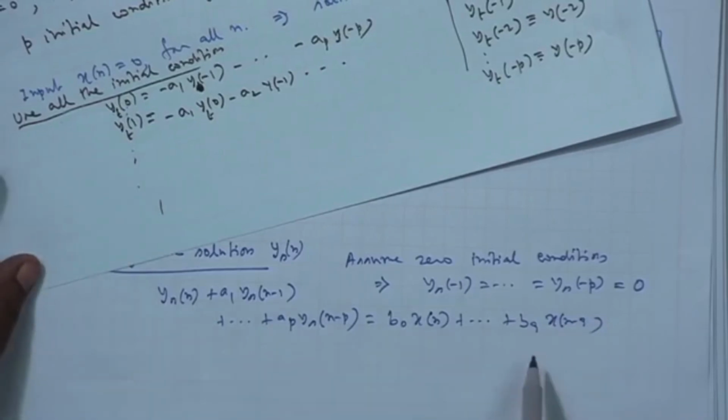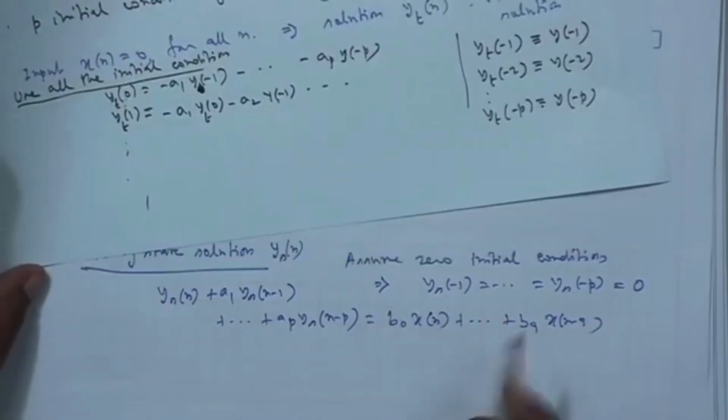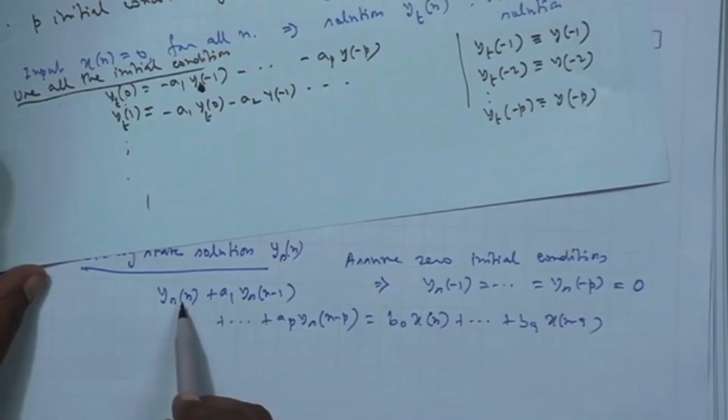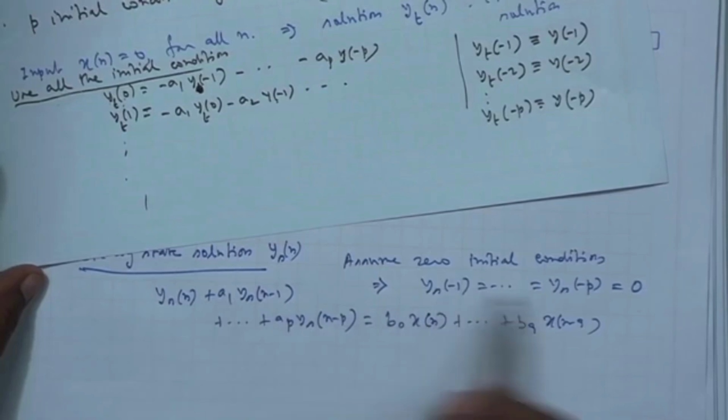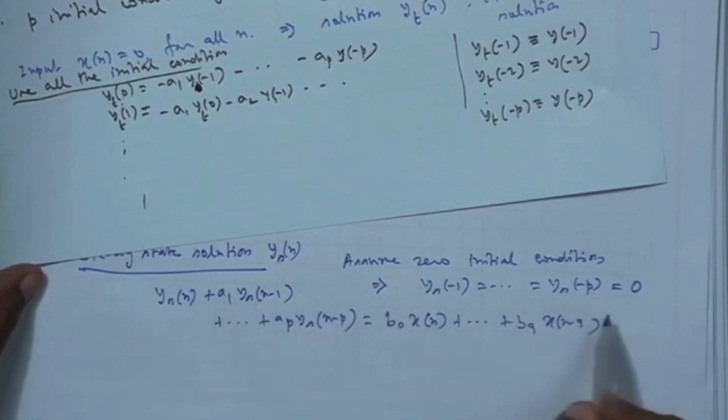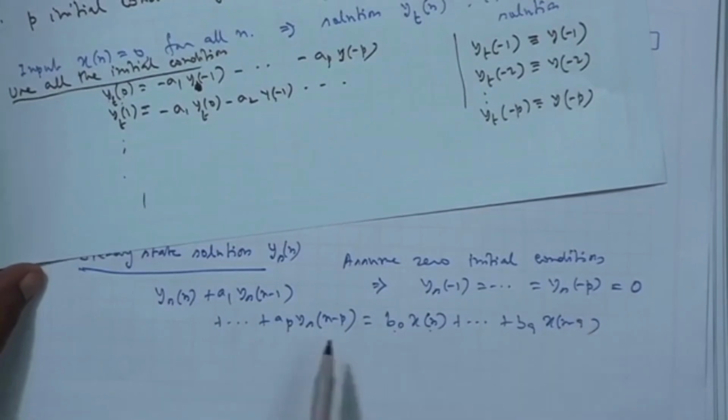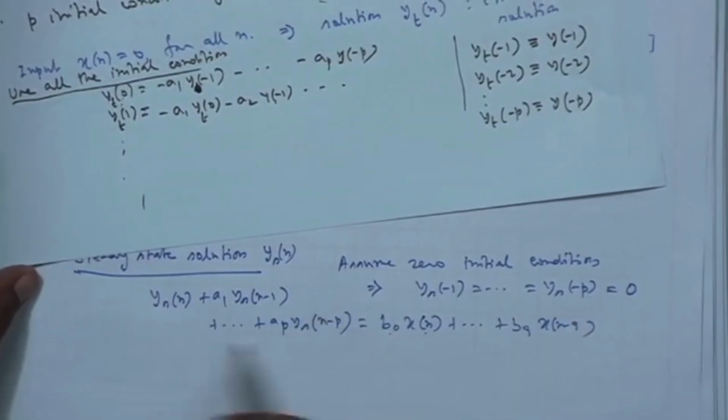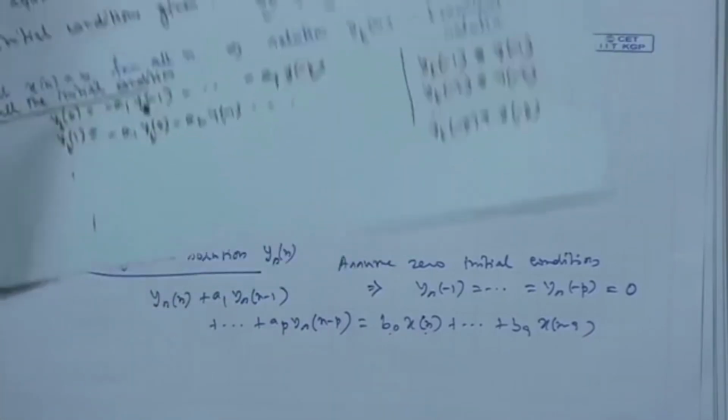This equation I solve the way I told you how to solve. y s 0 will be minus a 1 y s minus 1, but y s minus 1 is 0. Then minus a p y s minus p, because n is 0, but that is 0. Only b 0 x 0 will come up, and so on and so forth. Okay, this solution is y s n.